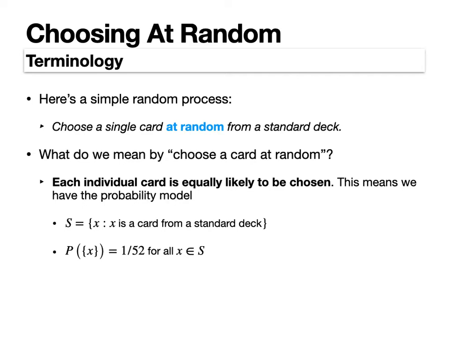So the way to make it most random, most unpredictable, is to make sure that all cards have the same probability of being chosen. So this would mean that we would have the probability model that had a sample space consisting of all 52 cards from a standard deck, and the probability of each outcome would be 1 out of 52.